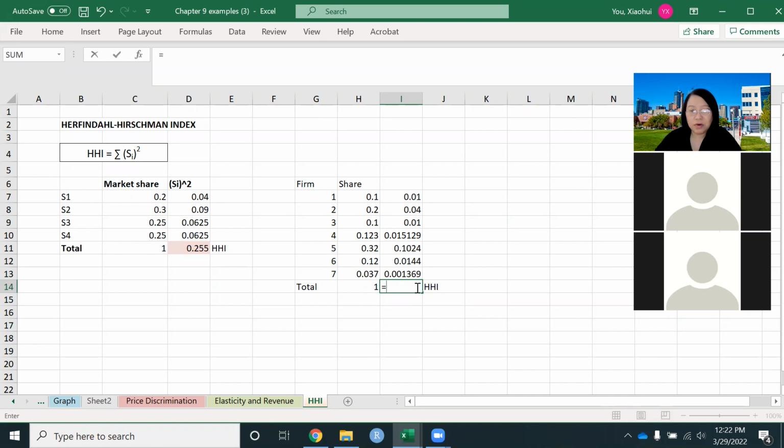Okay, equal to and just type sum, right? And then parentheses, and then you click and drag all the values, right? Then close the parentheses, enter. Great, good job. So this is the HHI for this one.